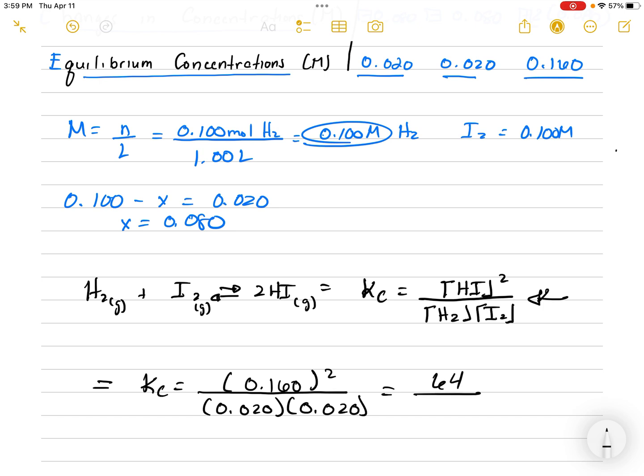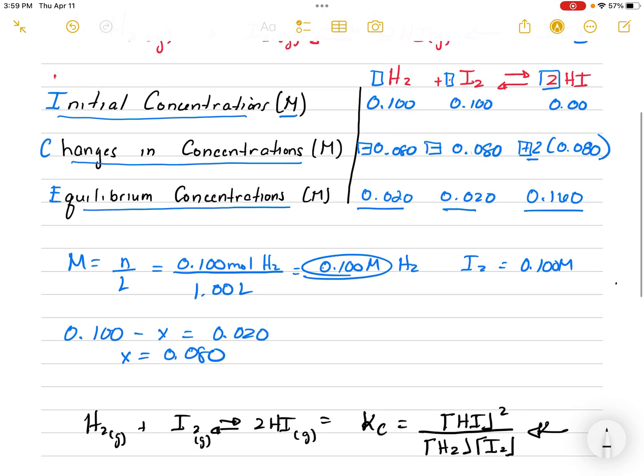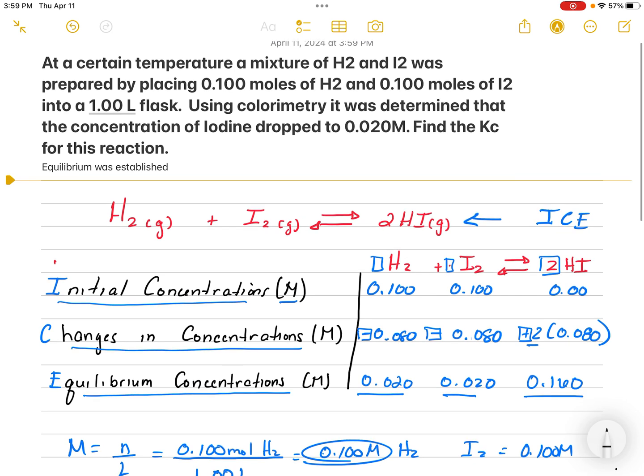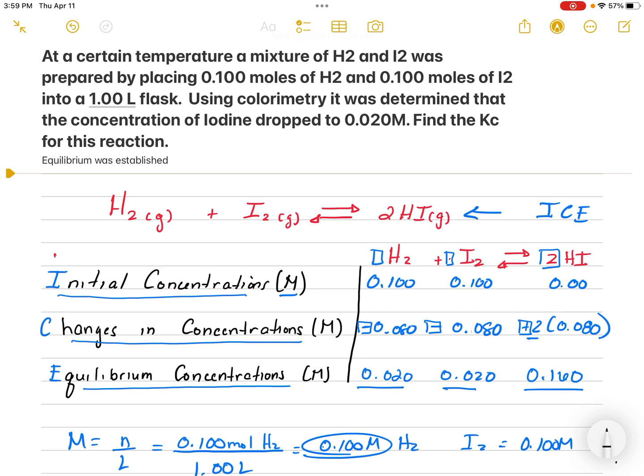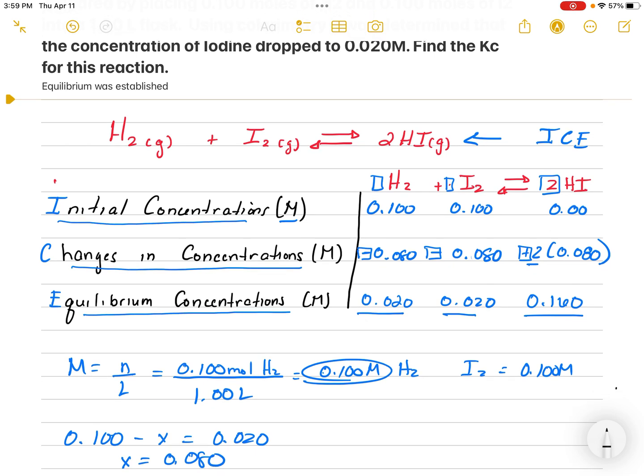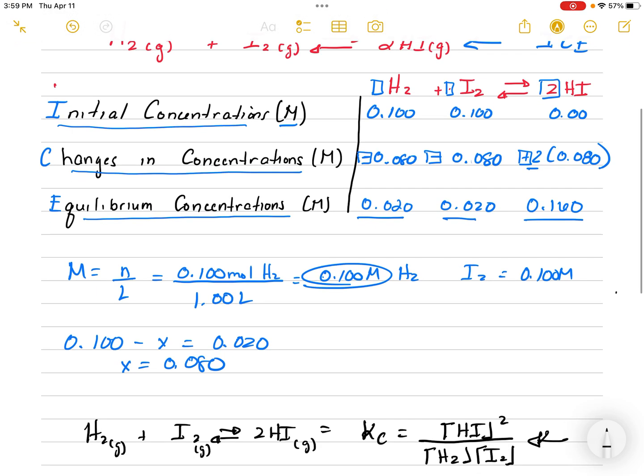And that's it. That's how you calculate the equilibrium constant using the ICE chart when you don't specifically have all of the molar concentrations for the equation. Sometimes you have to figure those out. If you have any questions, go ahead and let me know.